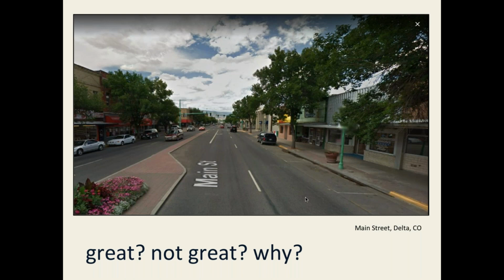But even so, when you look at this street, what you see is a whole lot of pavement and not a ton of space designated for pedestrian activity. And so I would suspect that the cars on this street are moving rather fast, and that can create a noisy environment for pedestrians. So I think this has a lot of potential, but probably has some things that could be improved upon.